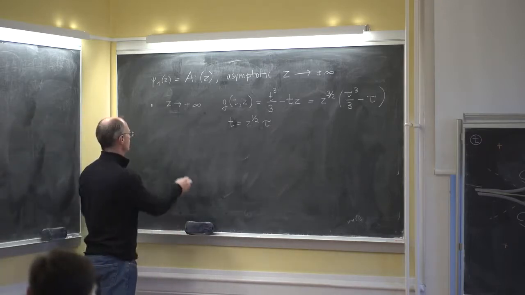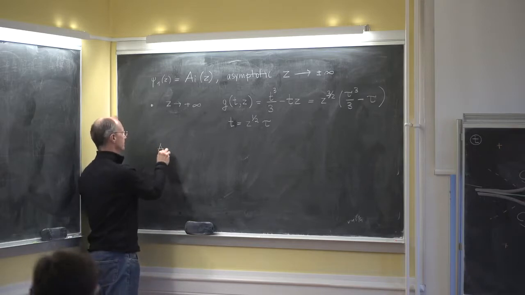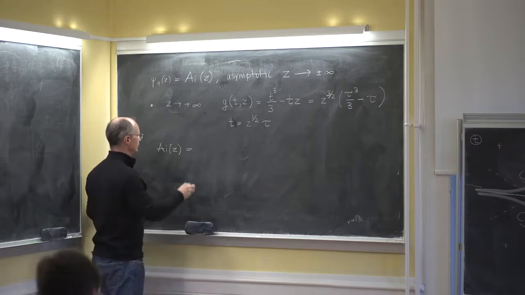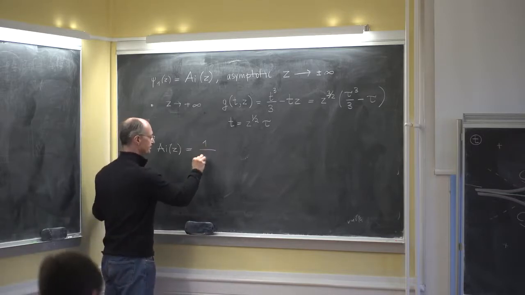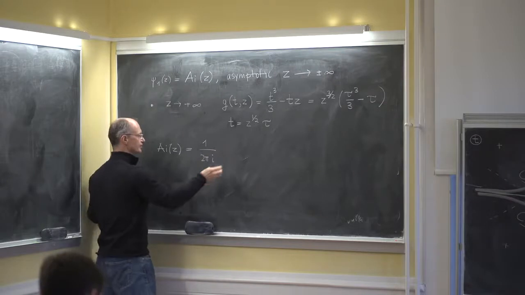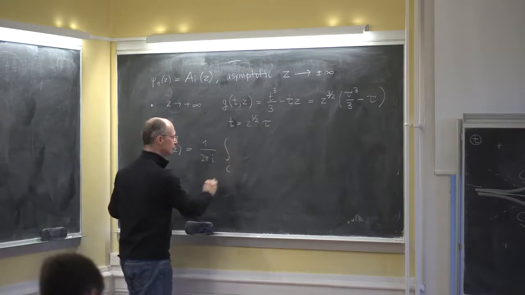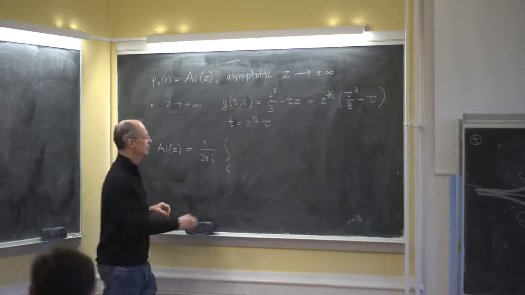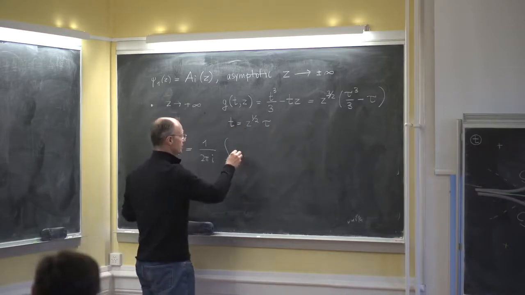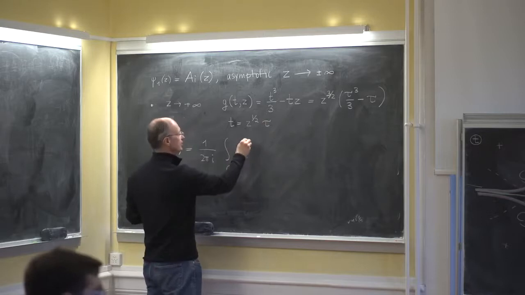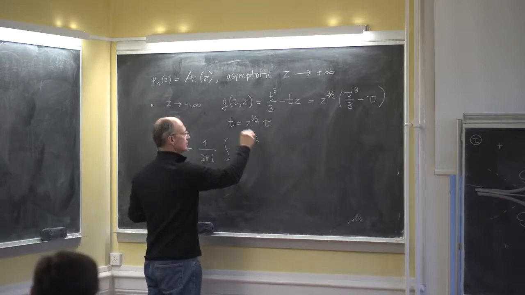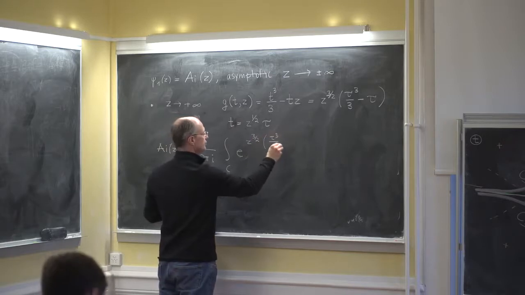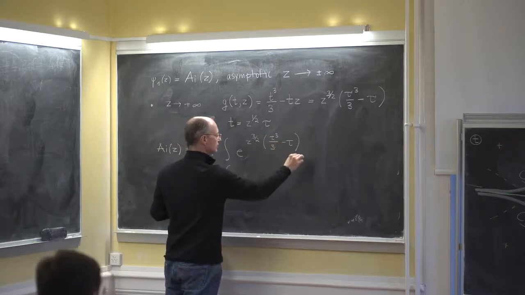So what happens with my integral? So I get a new expression for this Airy function. So it's 1 over 2 pi I. So the contour remains the same after rescaling of z. The directions, they are the same. Now here the exponential of z to the power 3/2, and here tau cube over 3 minus tau.